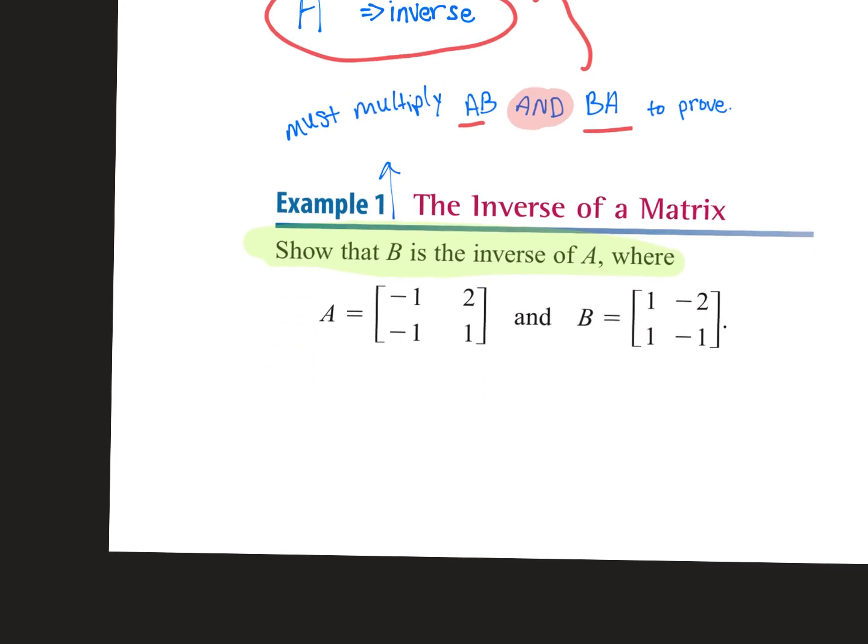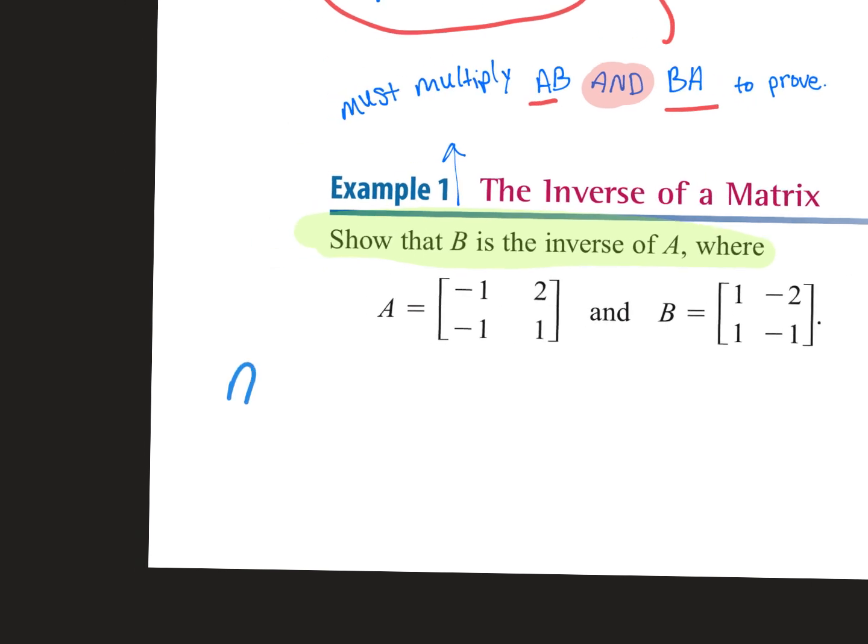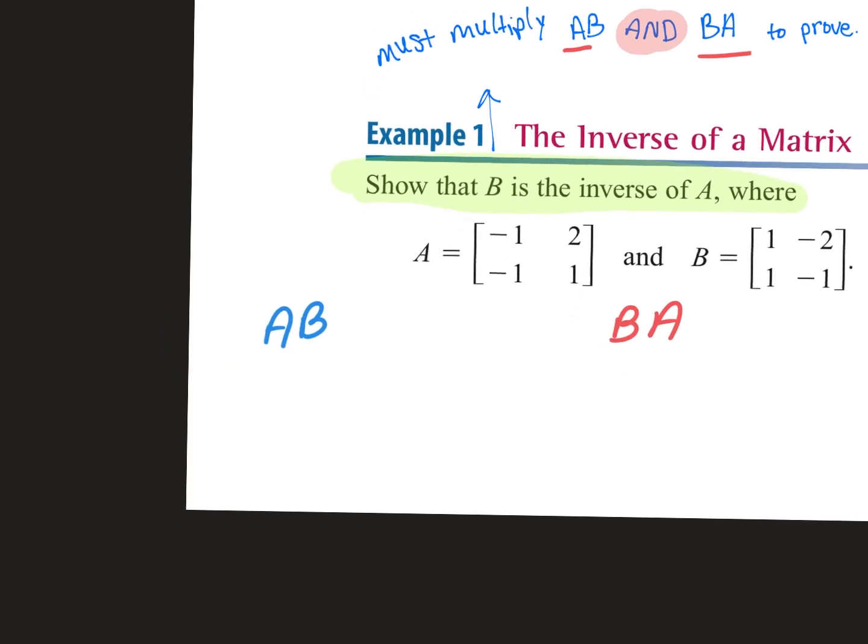So if we were going to show that B is the inverse of A, we multiply A times B and B times A, because in order for them to be inverses, both things have to be true.